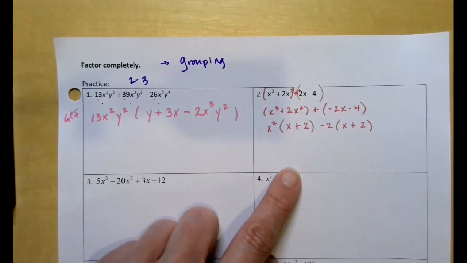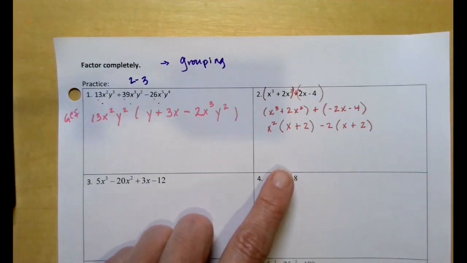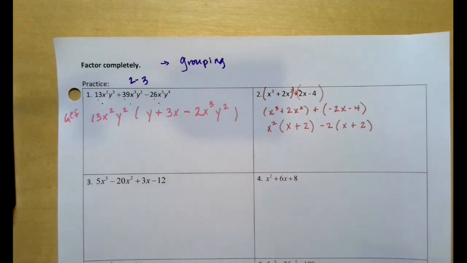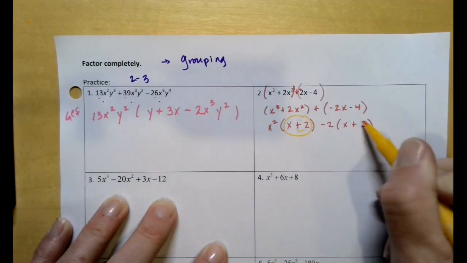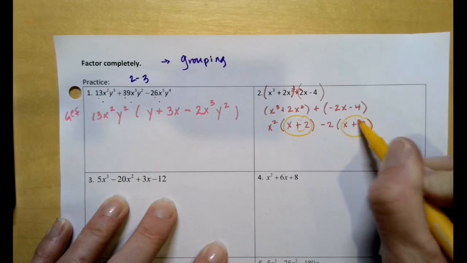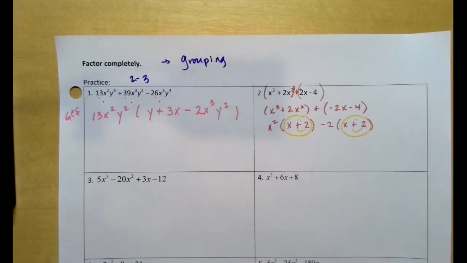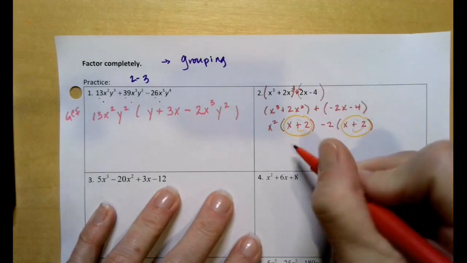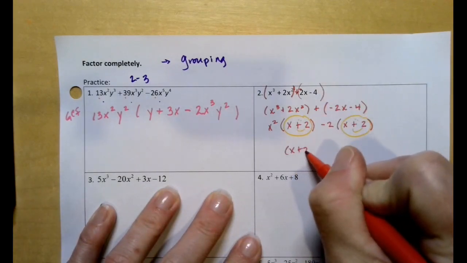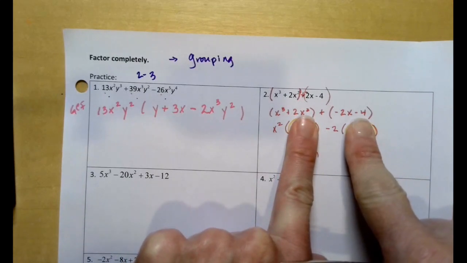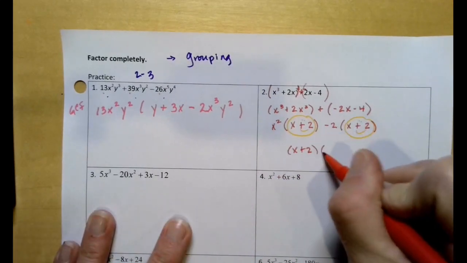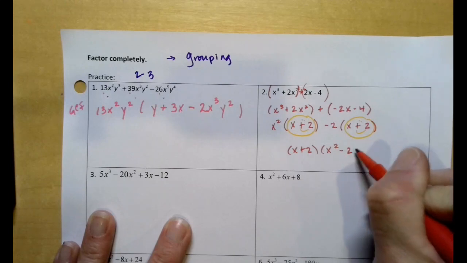I'm already excited because as you can see, what I have is this common factor here. Here I have an x plus 2. So when I pull that out, I have x plus 2, and what's left, if it's easier for you to cover it up, is x squared minus 2.